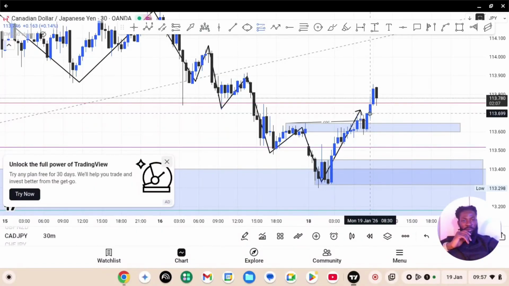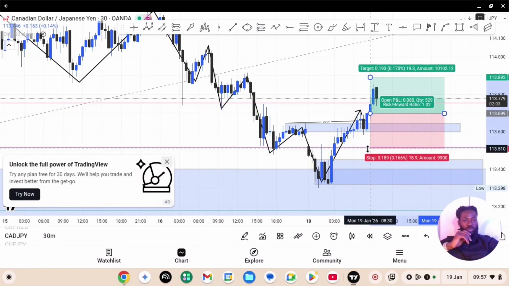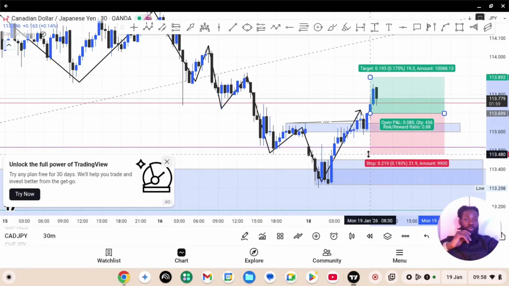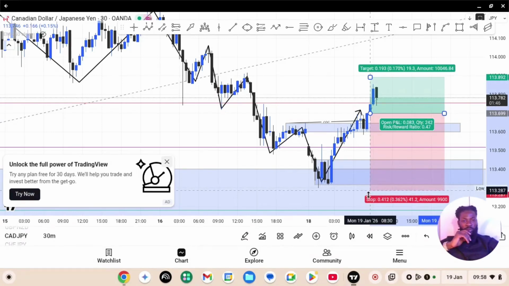Now I can decide to put my stop loss just below the left shoulder. It's still fine, but for me it's always advisable to put your stop loss at the swing low of the market.